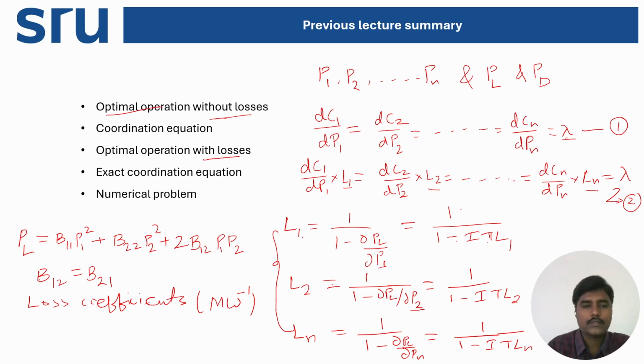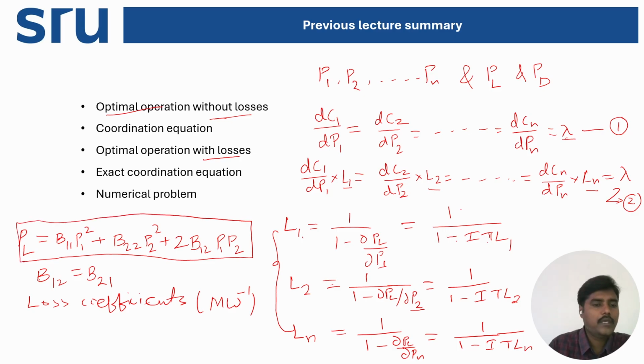And so on. Here the transmission power loss PL can be expressed by using B coefficients with this equation, where PL is equal to B11 P1 square plus B22 P2 square plus 2 B12 P1 P2. Here B11, B22 and B12 are called loss coefficients, or B coefficients.